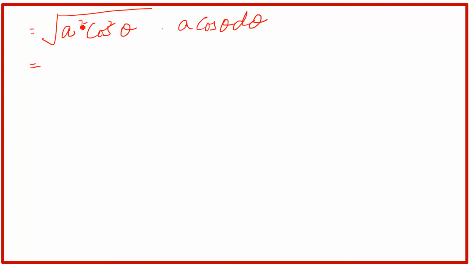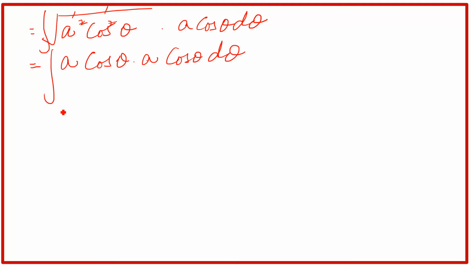So this square will cancel this square root. We have a cos theta d theta. Now we have two times a cos theta, so we have a square cos square theta d theta.